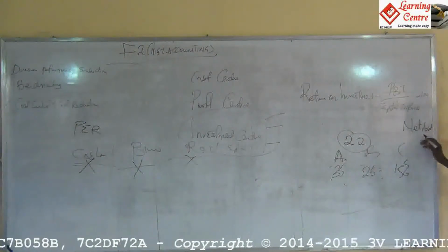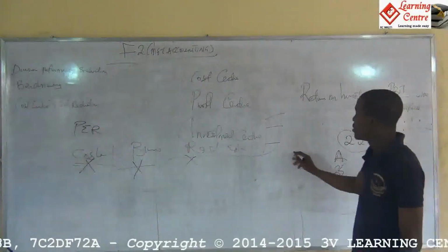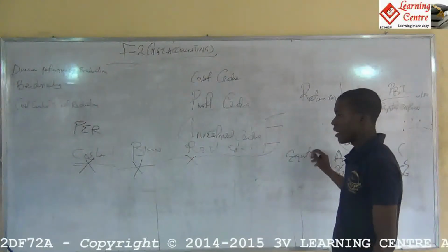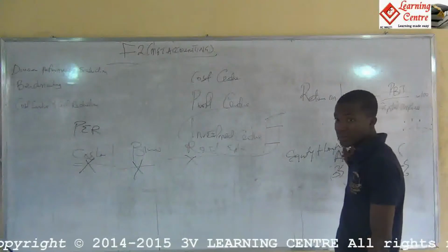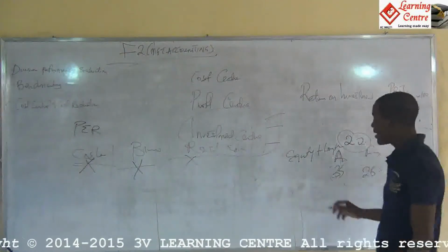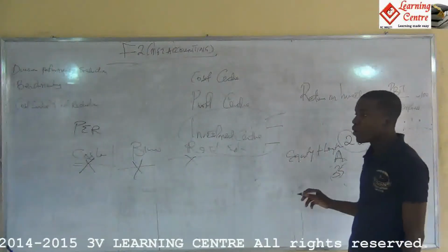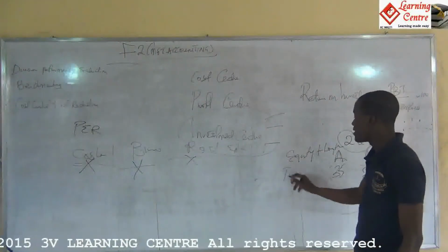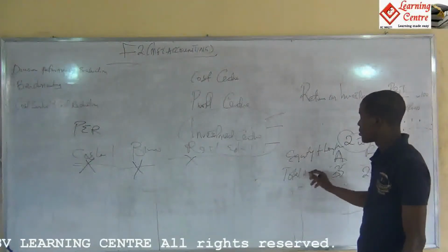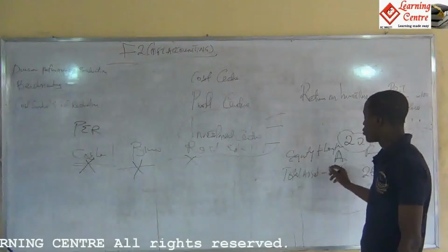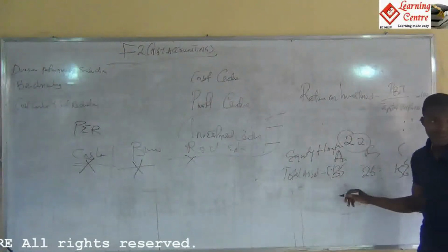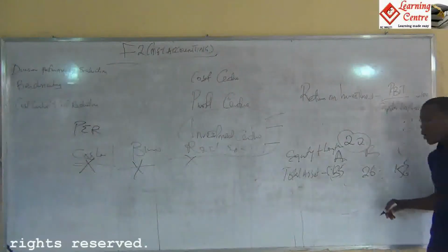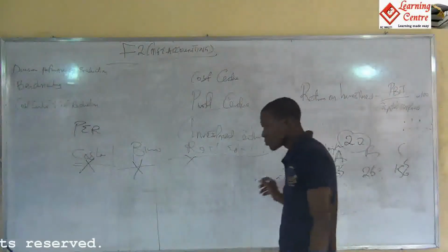In most cases, capital employed could be said to be the equity plus long-term liability. If you reverse it, it means that capital employed is equal to your total assets minus current liability. Do you understand that?